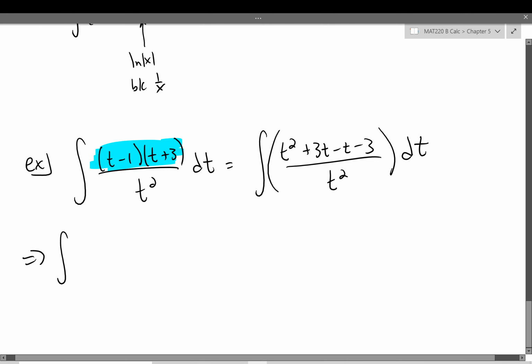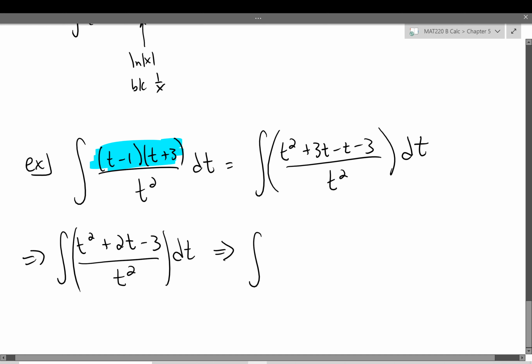So that gives me the integral of t squared plus 2t minus 3 all over t squared dt. And I'm going to simplify. I'm going to divide each one of these terms by t squared. So that's going to give me the integral of 1 plus 2 over t minus 3 over t squared. But I'm going to write that as 3t to the negative 2 dt.